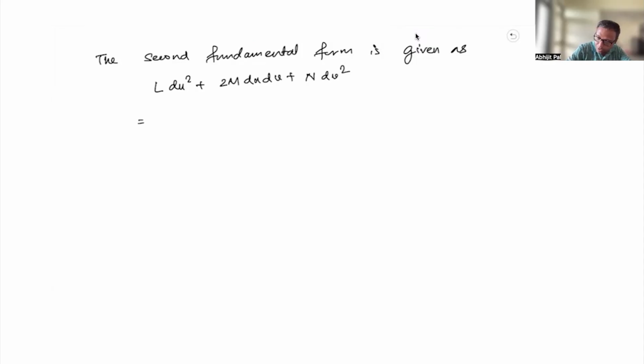So this is equal to just du squared. The second fundamental form in terms of local coordinates is equal to du squared. Okay, I'll stop here. We'll continue in the next class.